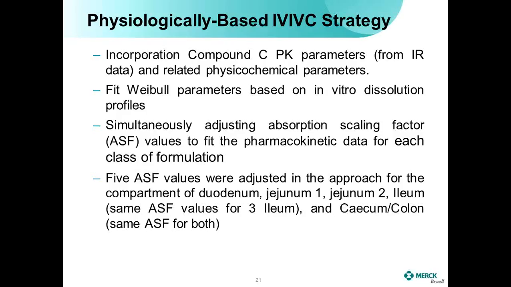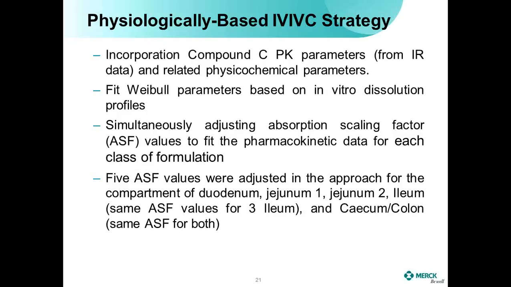But because we are trying to fit the oral profile, we have to adjust the ASF values for almost all of the intestinal compartments, including duodenum, jejunum, ileum, and cecum and colon. For simplicity, we just select 5 ASF values.